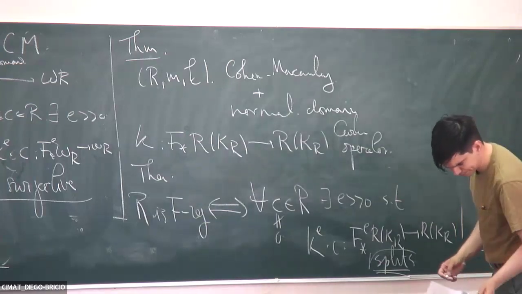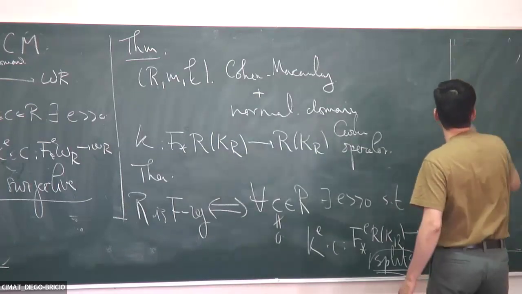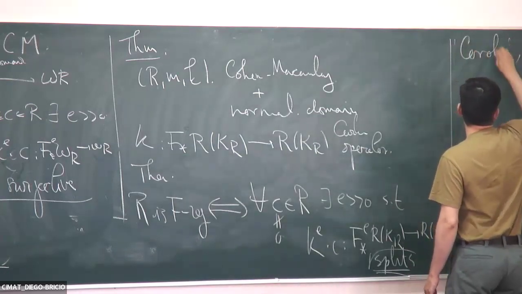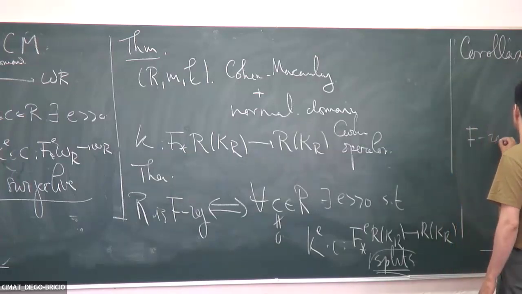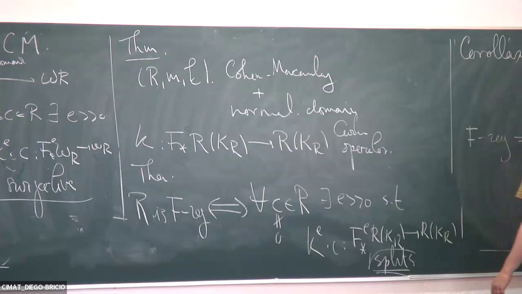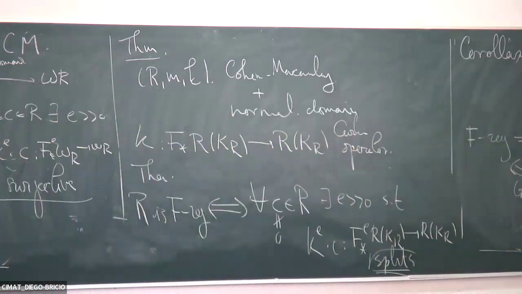So the corollary is that F-regular implies F-rational, and the converse holds if you put Gorenstein as your hypothesis. Okay.